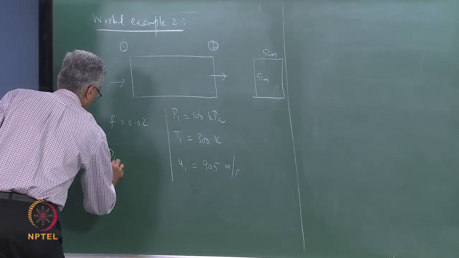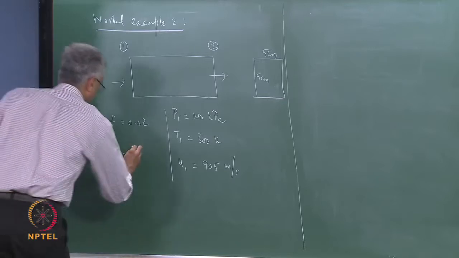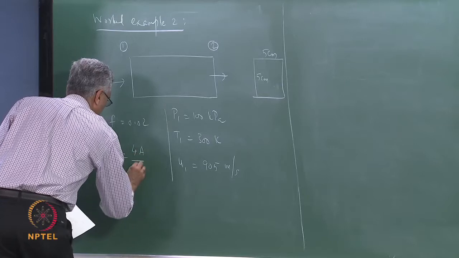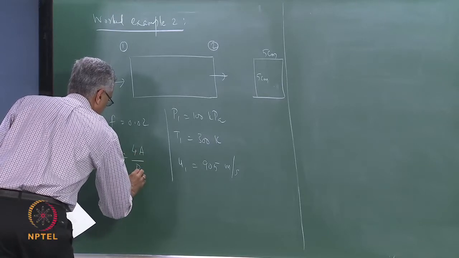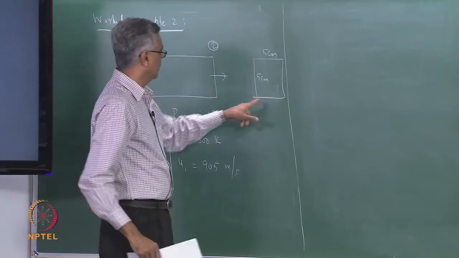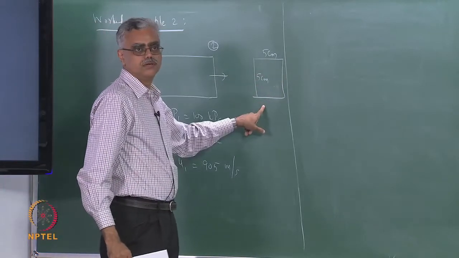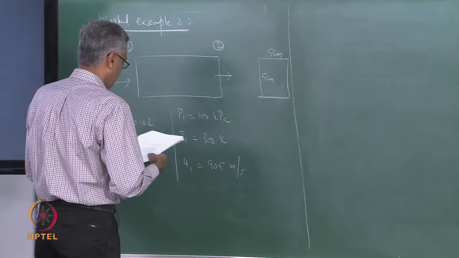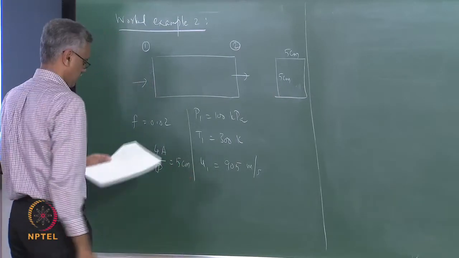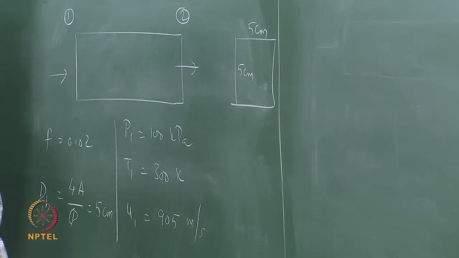So, the hydraulic diameter, if you remember, is 4 times the area divided by the perimeter. So, 4 times the cross sectional area divided by the perimeter for this case gives me the hydraulic diameter to be 5 centimeters again, coincidentally. Okay.